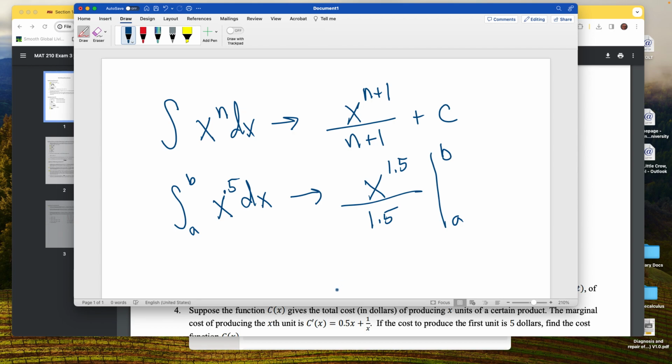And so we end up with b to the 1.5 divided by 1.5 minus a to the 1.5 divided by 1.5. So that's the definite integral. That's the indefinite integral. So we did both.